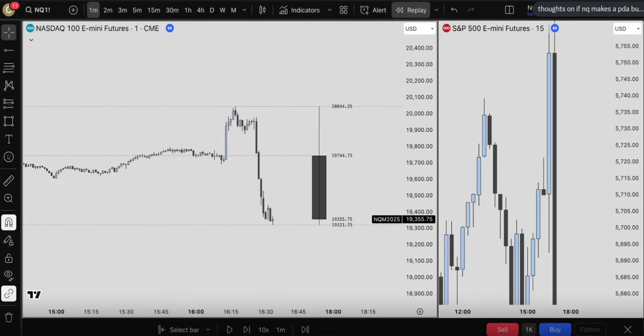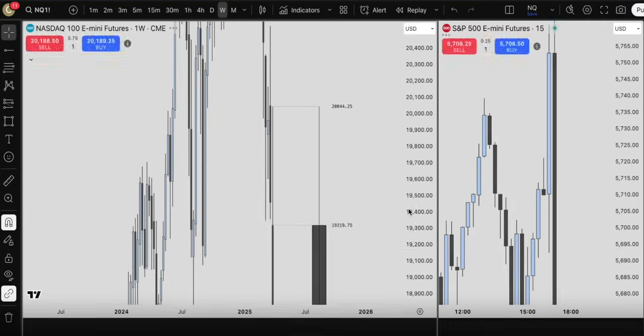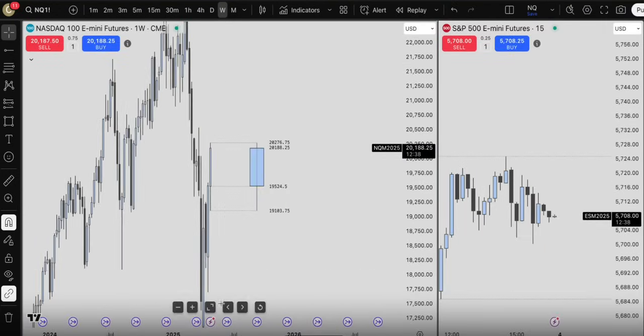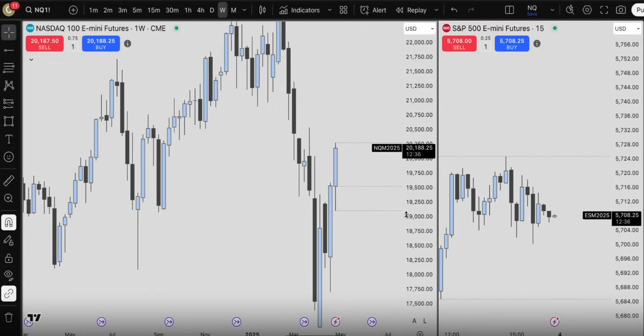I'll explain how to combine the draw on the daily time frame and the weekly profile. Let's go back to this week. Again, it was a bullish week, right?